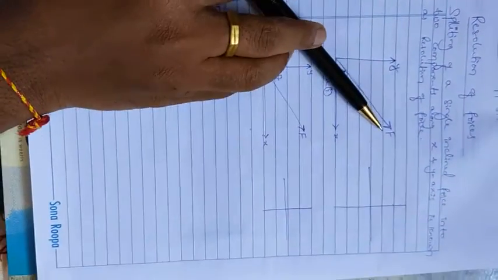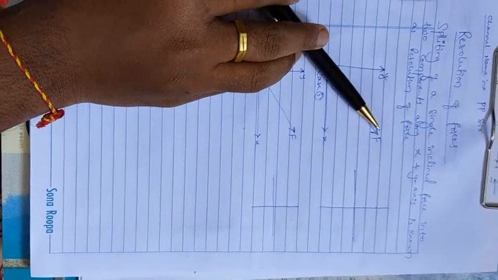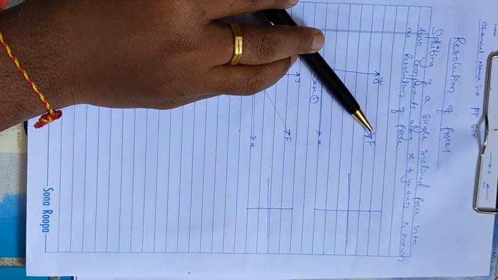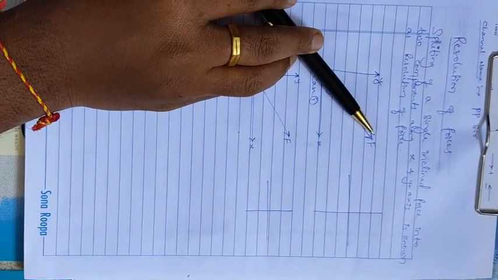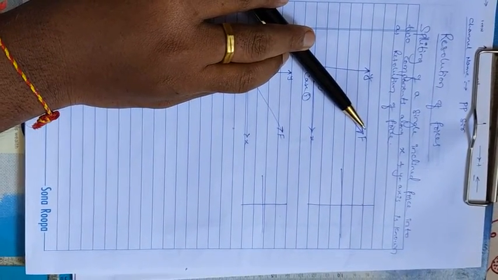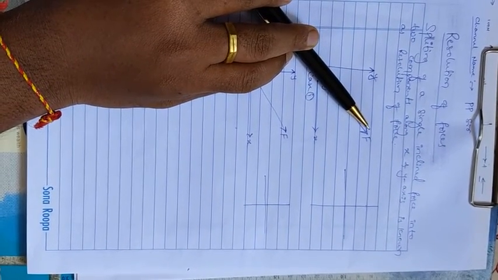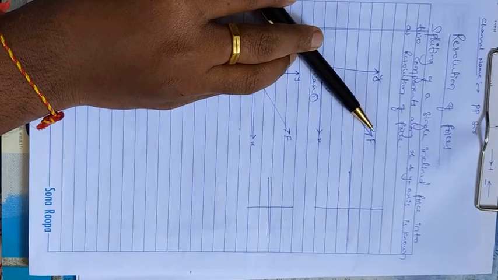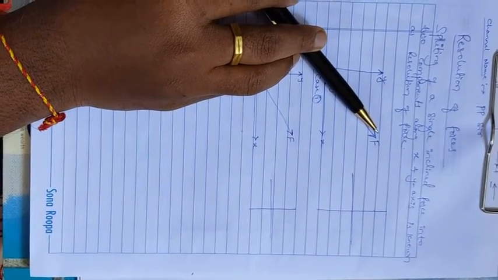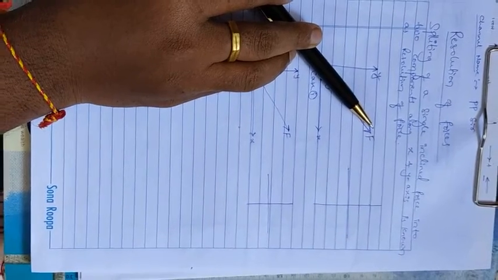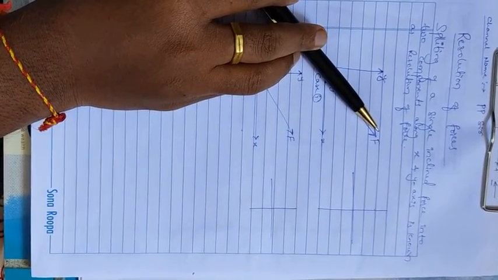Whenever we come across a force which is inclined in nature, it has to be resolved on x and y, because we have the equilibrium condition, which tells us to add only the forces which are acting along x axis or along y axis. So it is very advantageous to resolve the force whenever it is inclined.